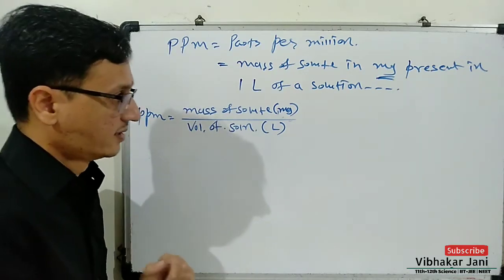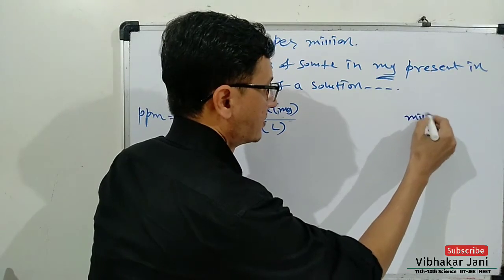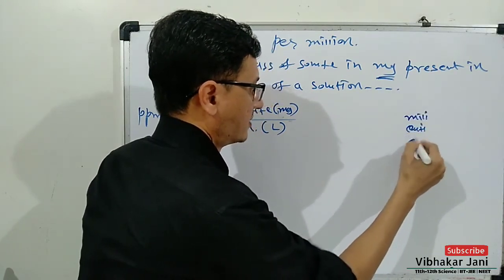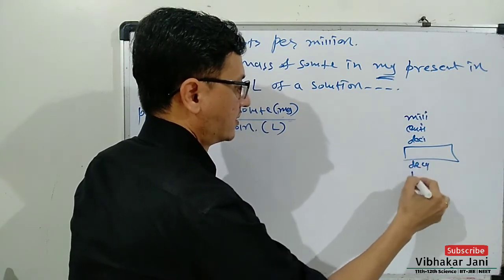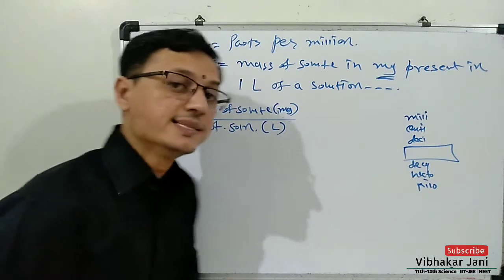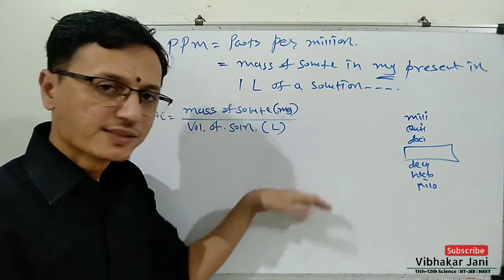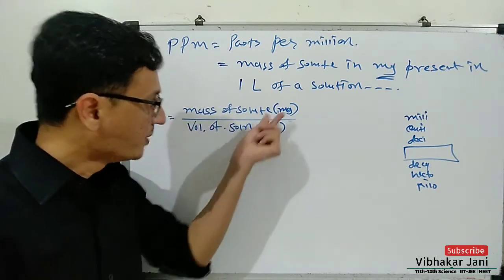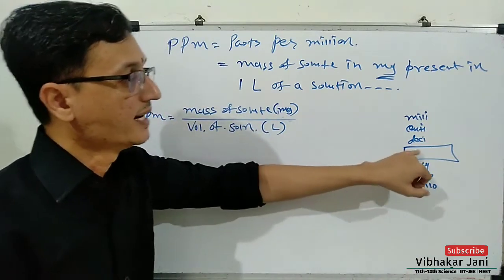But for that, just remember this: milli, centi, deci, deca, hecto, kilo. We have studied this earlier, so recall it. Milligram, and I want to convert it into gram.